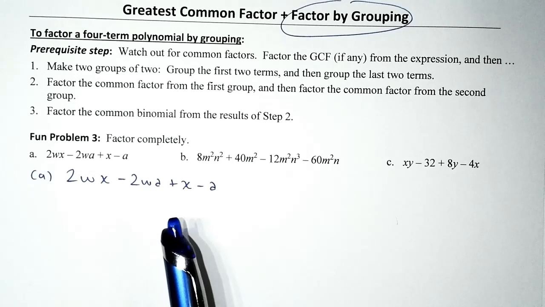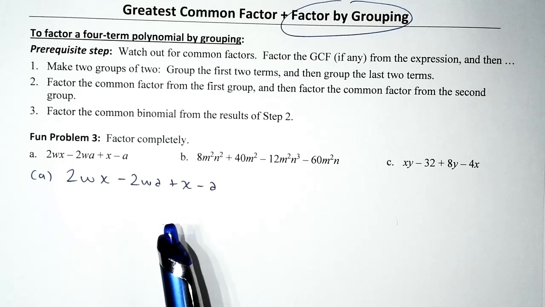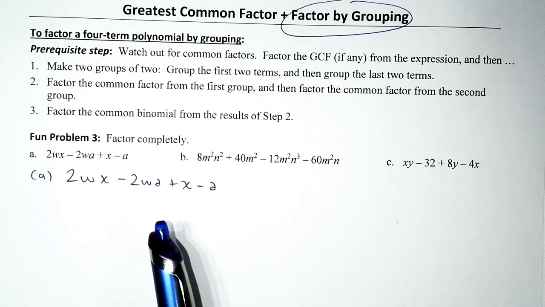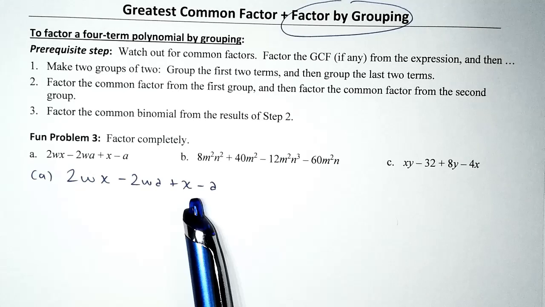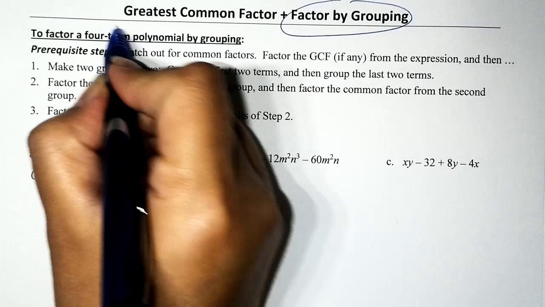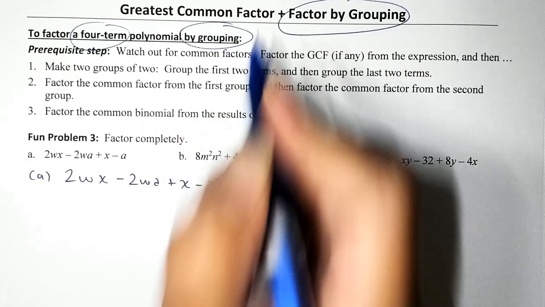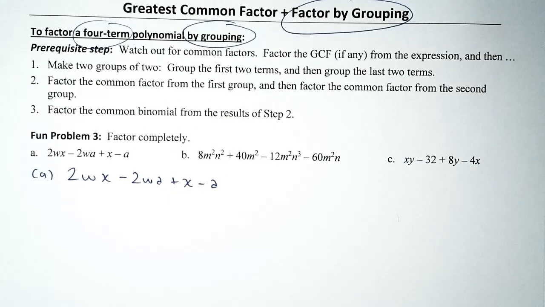Let's do this. What strategy are we going to use to factor? The strategy that we're going to use is based on how the polynomial looks. How many terms do we have? If we have 4 terms, how are we going to factor it? By grouping. Okay, so to factor a 4-term polynomial, by grouping. So how many terms do we have? 4. How are we going to factor it? By grouping. All right. How does this work?